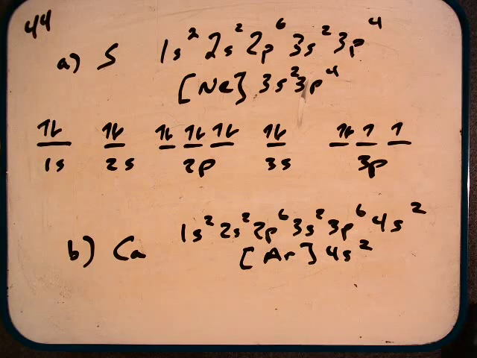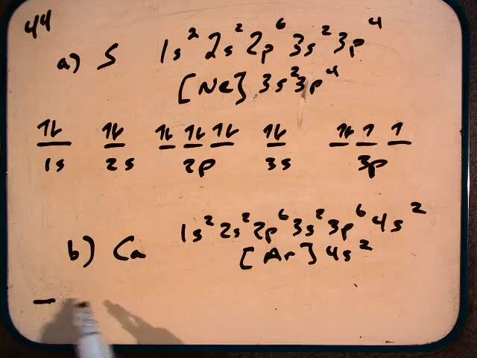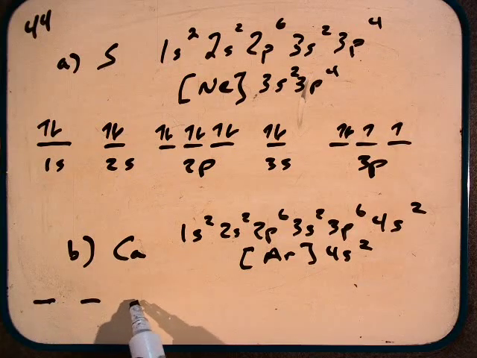Again, the first, second, and third levels are all filled, so that would be isoelectronic with argon. So we represent that noble gas, and then what quantum levels come after that noble gas, in this case 4s2.